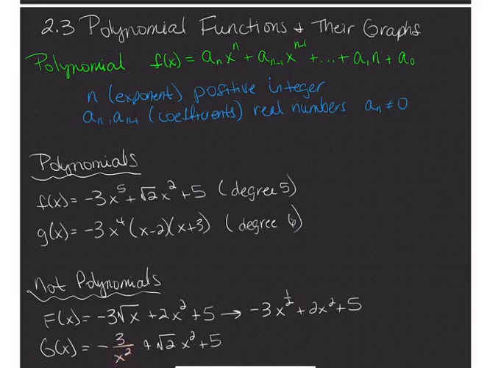Because it says that it's x squared, right? But because it's in the denominator, we should bring it out of the denominator and put it in the numerator. So this is technically -3x to the -2 plus the square root of 2x squared plus 5. And so this clearly shows that our exponent is not a positive integer, it's a negative integer. So that one is also not a polynomial, right?